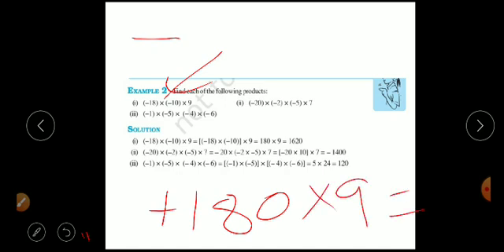Now what is 18 into 9? You can solve 18 into 9 equal to 162.